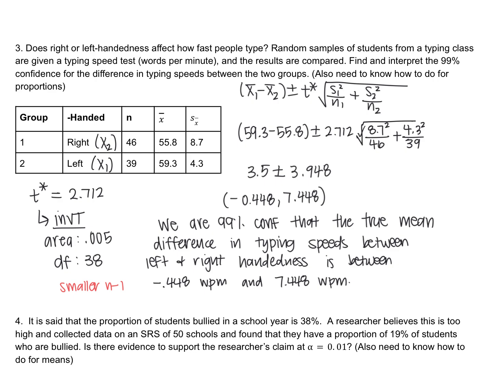And you are allowed to have a negative here in the confidence interval. That would just mean that there is a chance that right-handed people are faster typers than left-handed people.